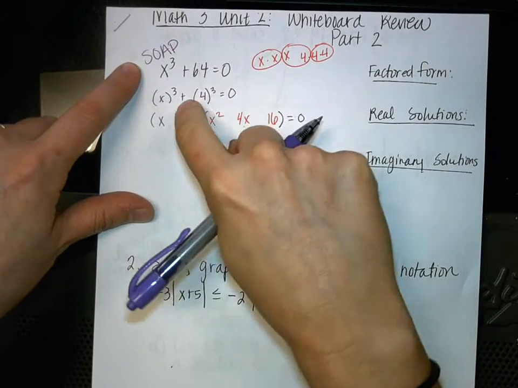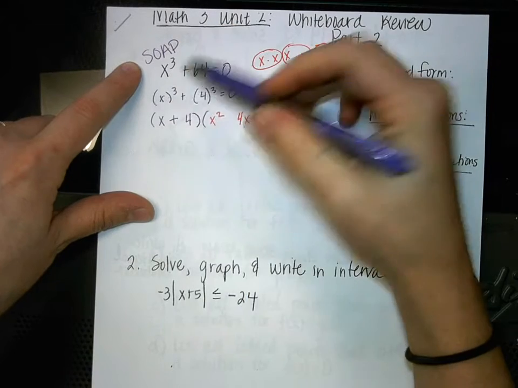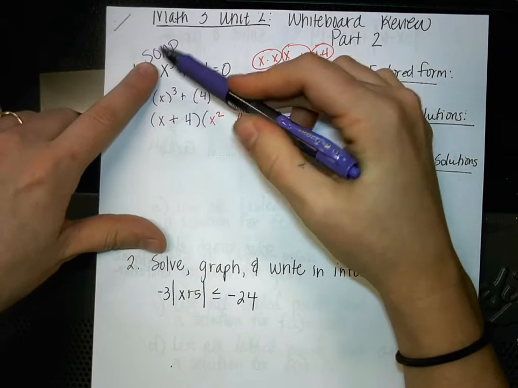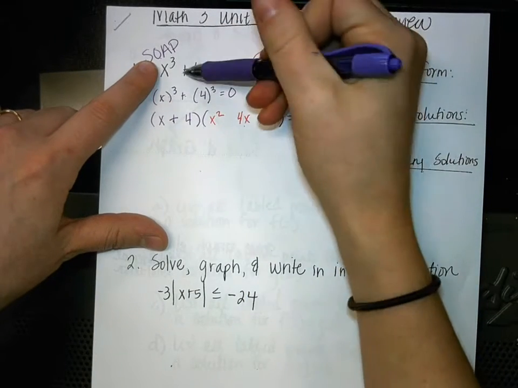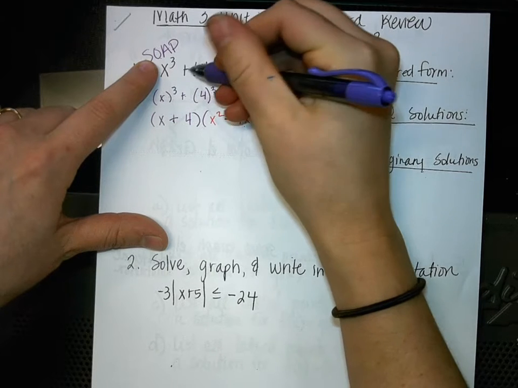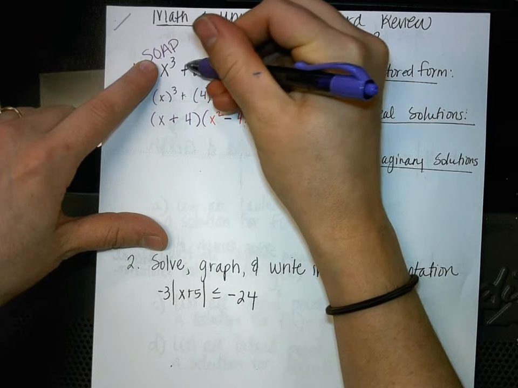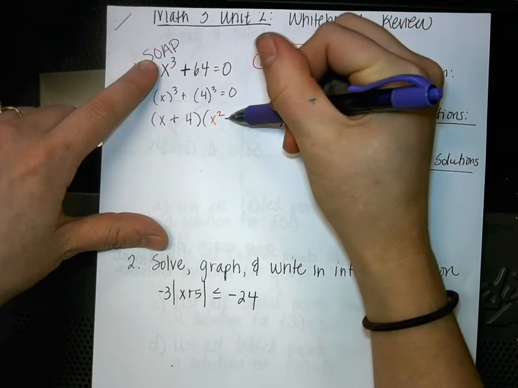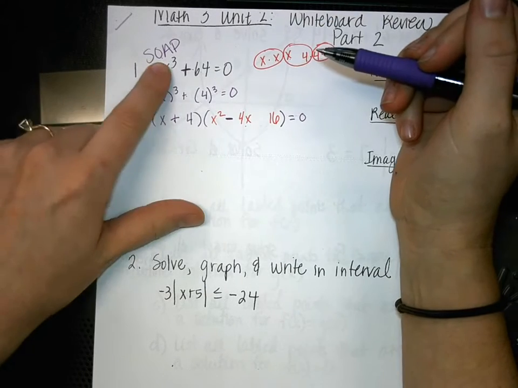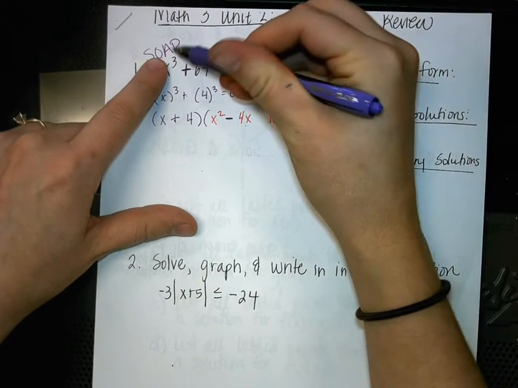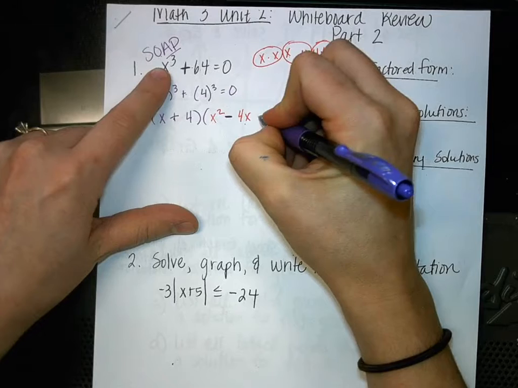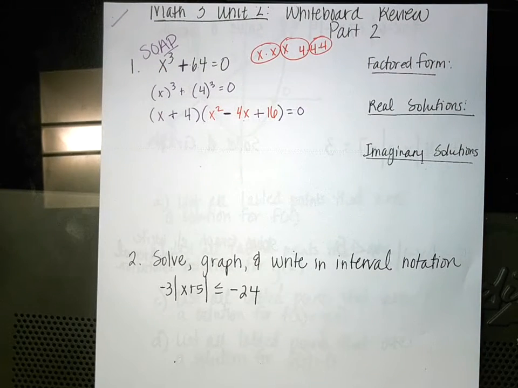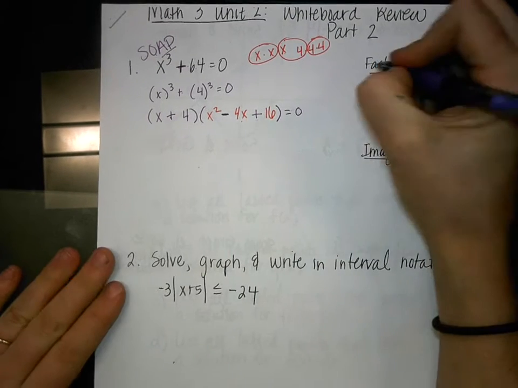S stands for the same, so my first sign will be the same as the question that I have. My second sign will be the opposite of my question, which if this is a sum, then I'm going to take the difference for my second sign. And then my third sign is always positive, so that last sign will always be a plus sign. That is my factored form.